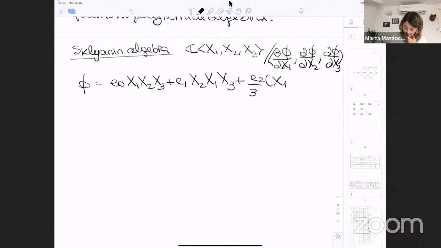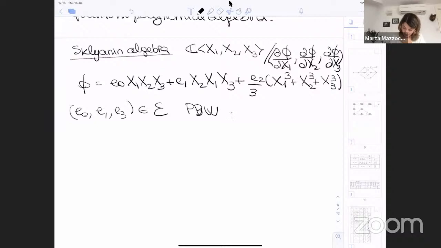Then we have cubic terms. In the case of the Painlevé, we had square terms; here we have cubic terms. And if E0, E1, E3 are some points in an elliptic curve, then this is a PBW deformation of the quantum polynomial algebra.